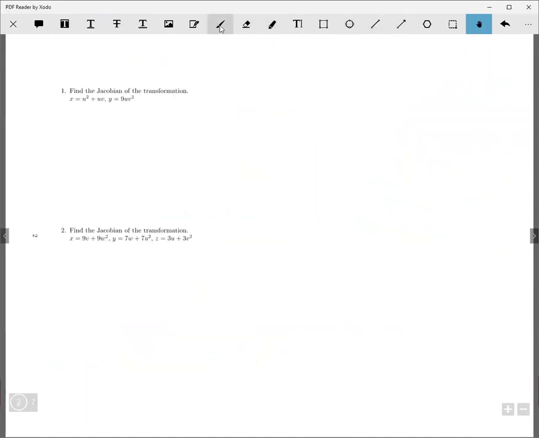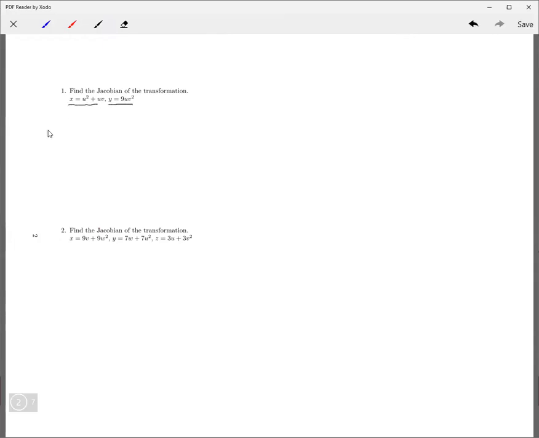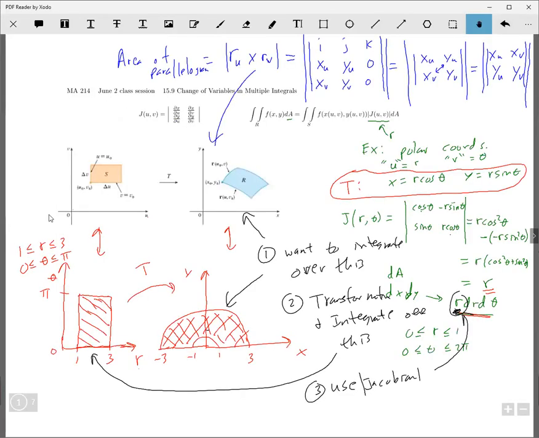So number 1 from the exercises, find the Jacobian of this transformation. They're giving you x and y. So for the Jacobian, go back again and look at it. You take the partial with respect to x on the top line, the partial with respect to y on the bottom line.